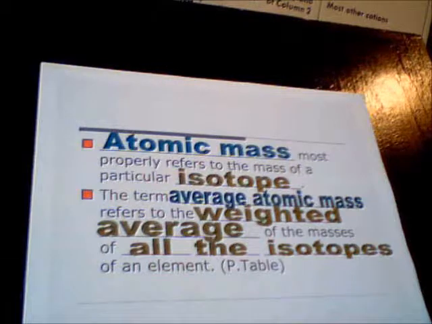Like say I want to find out what's the average height of 5th graders, and I add up 24 5th graders and I find out that their total height was X, and then what do you do? You divide it by the 24 5th graders and you get an average. Well, with isotopes and the average atomic mass, it's a little bit different. I'm going to show you now the equation that we use to figure out the average atomic mass.